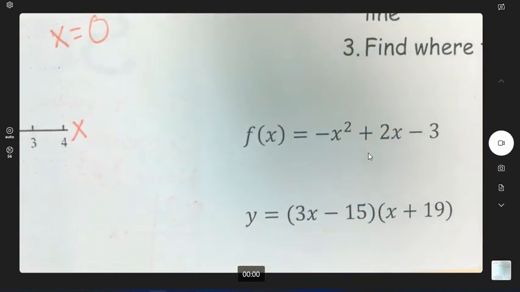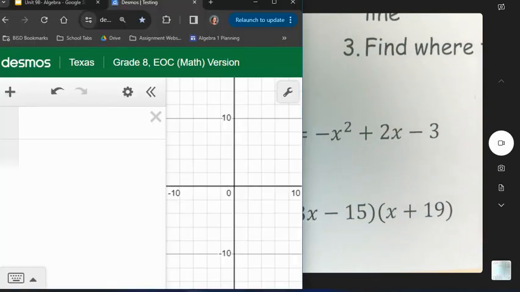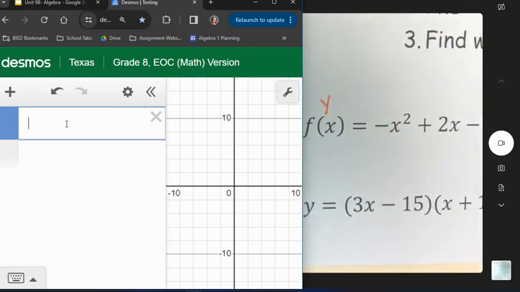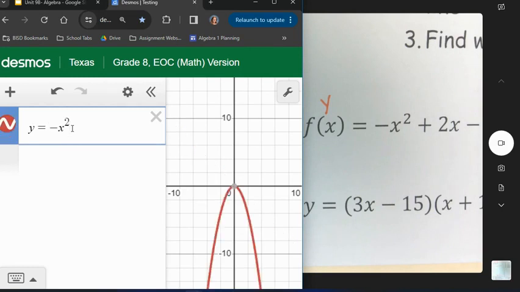So let's do that. So open up your Desmos. We are going to type in, remember f of x is the same thing as saying y equals. If you want to say y equals, then you can go ahead and do that. But go ahead and type that in. Okay.